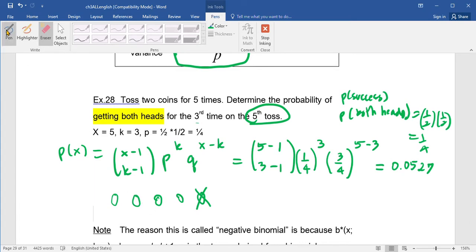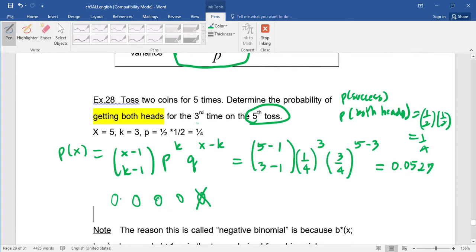Or you might get it here, 1, 2 here, and the third time is here. Or you might have 1 here, 2 here, and this is the third time that you got both heads. Both heads here, both heads here, both heads here for the third time. And it happens on the fifth toss.